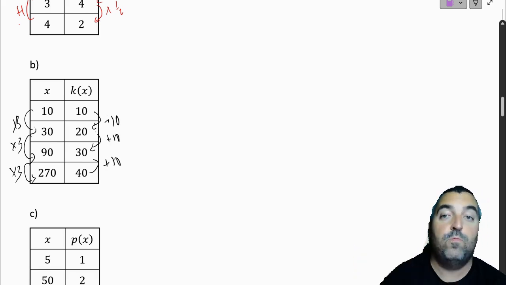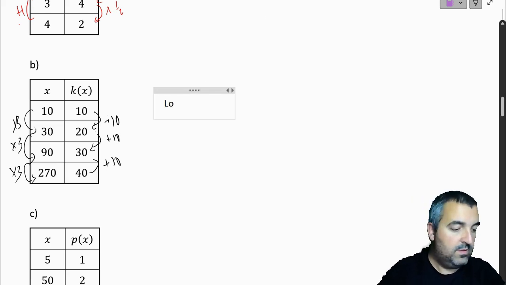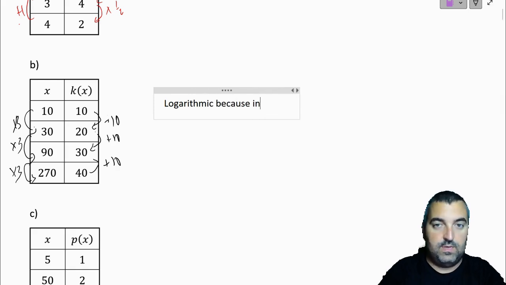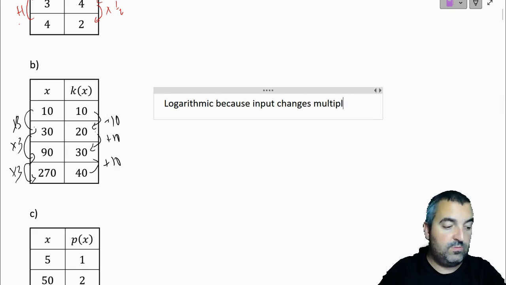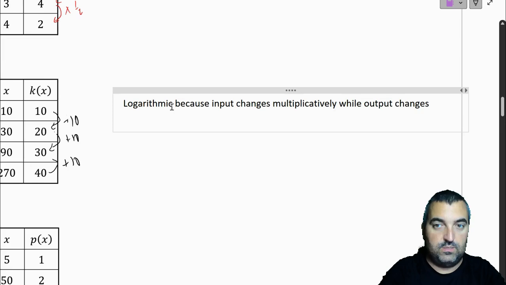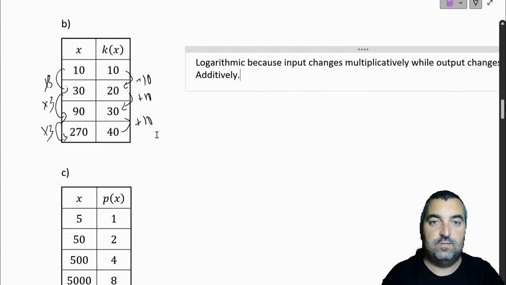So right there, we've figured out, okay, it's logarithmic because input changes, again, you could either use the word multiplicatively, or you could say proportionally, while output changes additively. Okay, and spelling doesn't count, so don't worry.